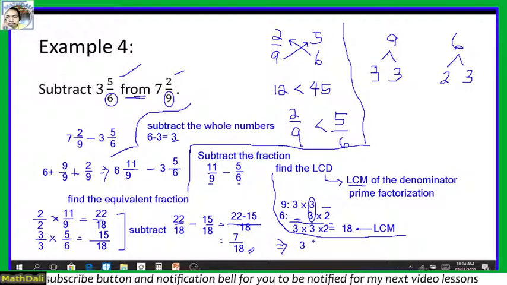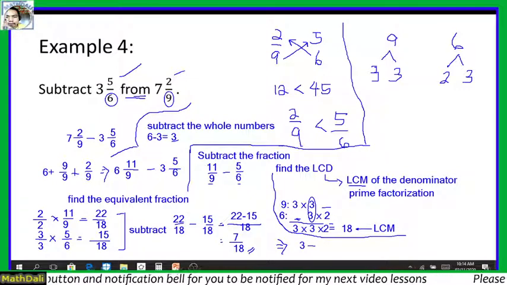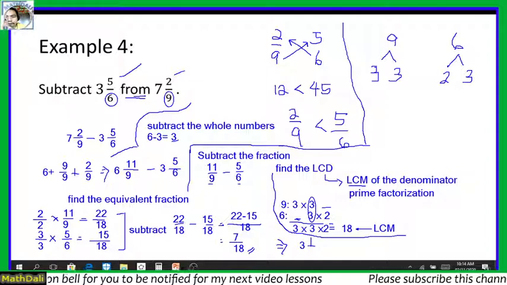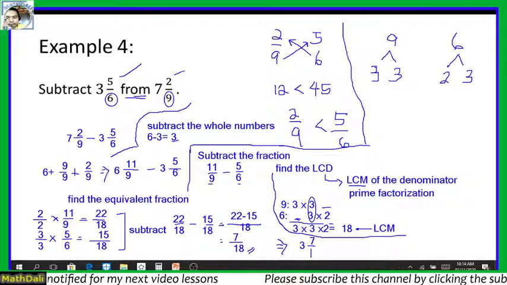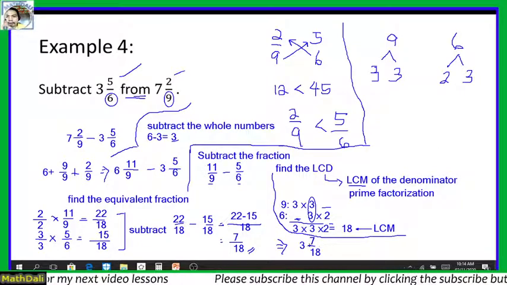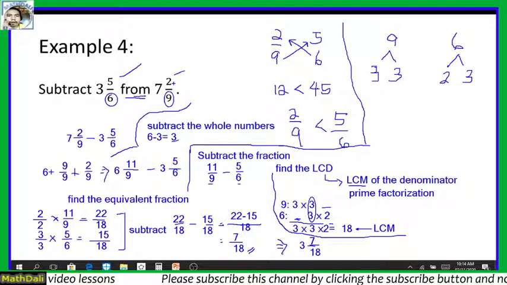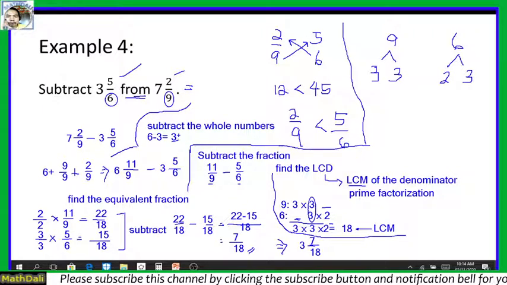Ayan. Yung ating whole number. And we have the fraction 7/18. That will be equal now to, kopyahin lang natin to, yung whole number natin.